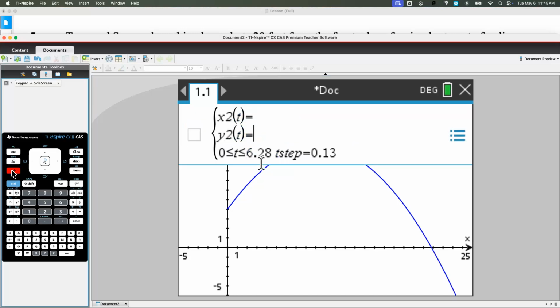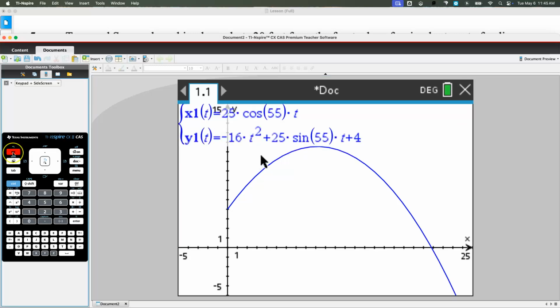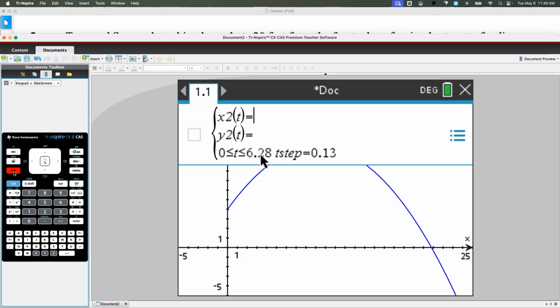I'm going to hit tab. And I want to be out 20 feet, so I'm going to put 20 in for my x, and I'm going to leave it as 20.